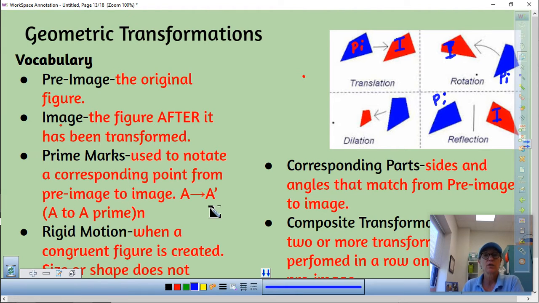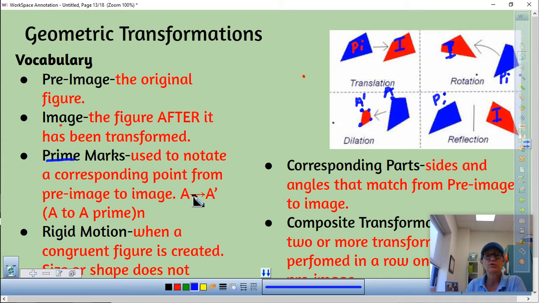Prime marks. Okay, so when we label these vertices on something, they have points. And if you start with something called an A, the new point that corresponds to it is also A, but we've got to be able to tell the two apart. So we put this little mark on it, and that's called a prime mark.